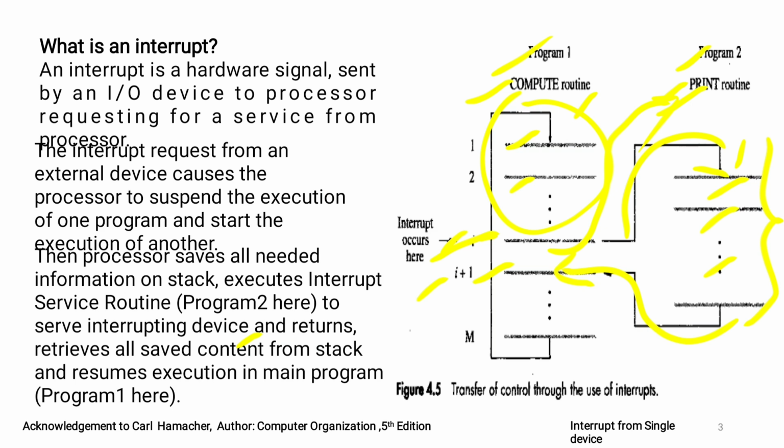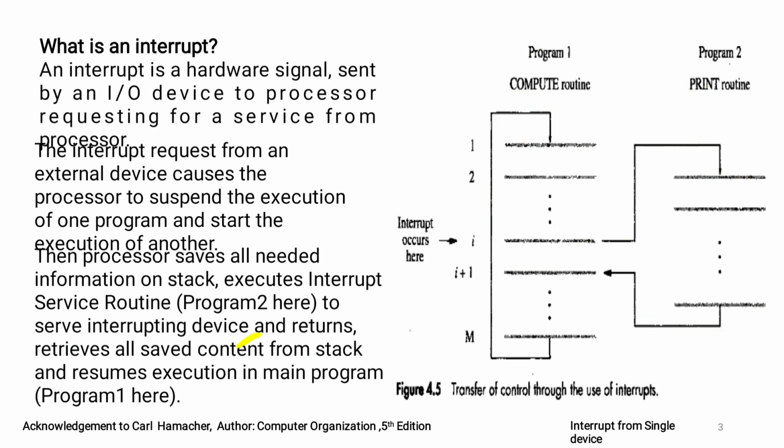So along with the program counter, the program status register content and other information needed will be saved on the stack. After that it goes to the print routine. So when an interrupt occurs, it saves the program counter and program status register content and any other information needed on the stack.